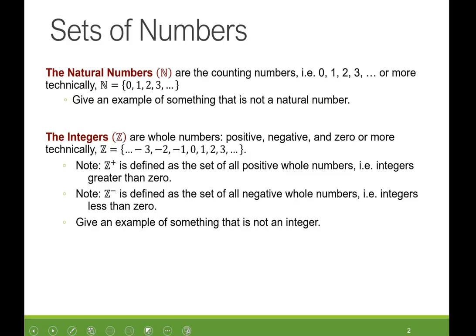You should be familiar with these characters. This is the abbreviation for the set of natural numbers. This is the abbreviation for the set of integers. Those symbols you should be able to recognize if they appear printed on a sheet of paper like a homework or a quiz or a test. So the natural numbers are just your counting numbers like 0, 1, 2, 3, 4. They're only positives. They're all whole numbers. No decimals, no fractions, unless you write something like 2 over 1 or 4 over 2.